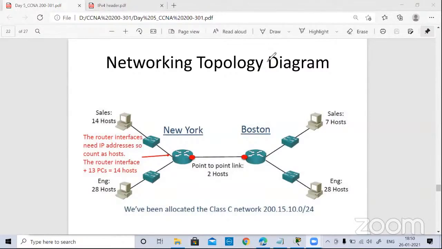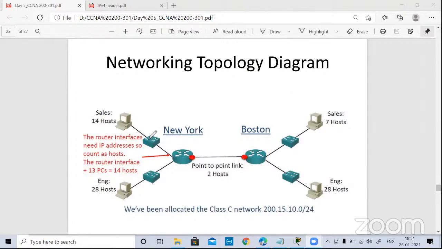He's saying 6 networks. Are you sure we have 6 networks here? Kaustubh is saying 5. Few people are saying 6. Those who are saying 6, can you tell me how you are getting 6?